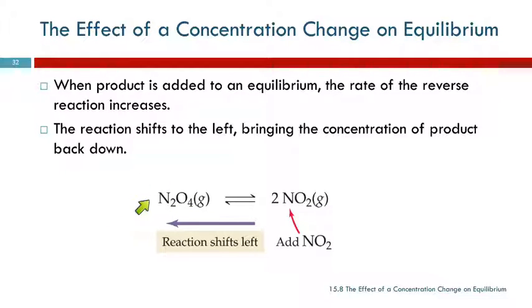We'll see more N2O4 formed, and it will partially deplete the added NO2. We added NO2, and it's reacting to reduce the impact of that, and so it's going to shift to the left towards the reactants.